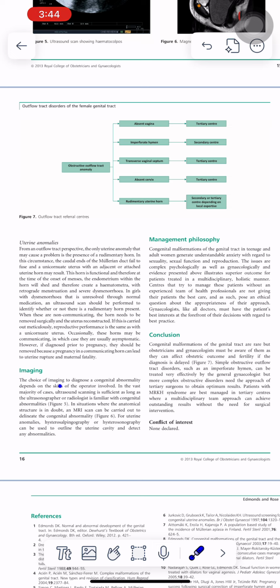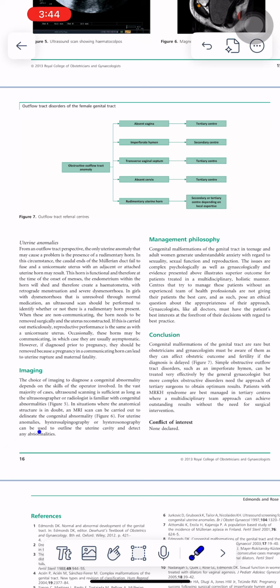The choice of imaging to diagnose a congenital abnormality depends on the skill of the operator involved. In the vast majority of cases, ultrasound scan is sufficient as long as the ultrasonographer or radiologist is familiar with congenital abnormalities. In situations with anatomical structures in doubt, MRI can be carried out to delineate the anomaly.